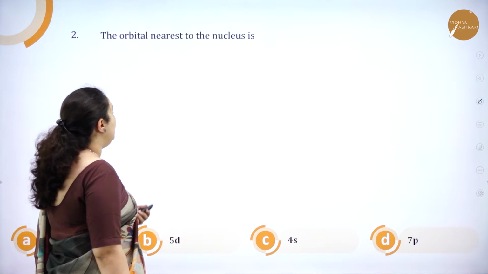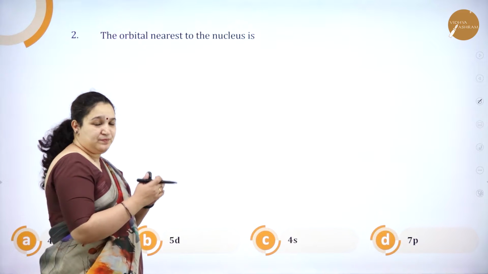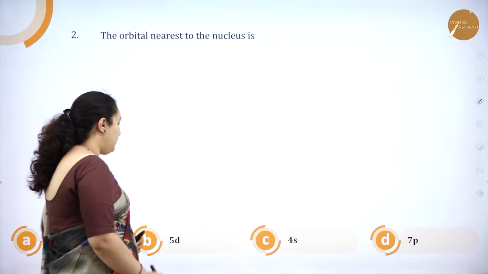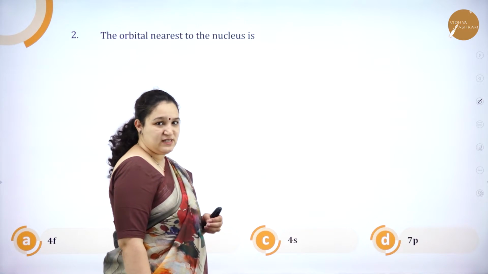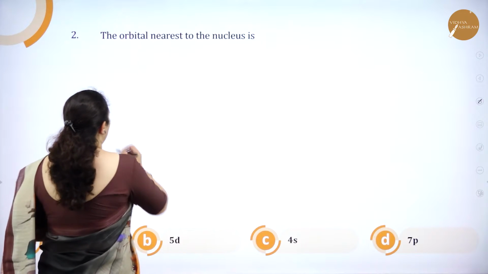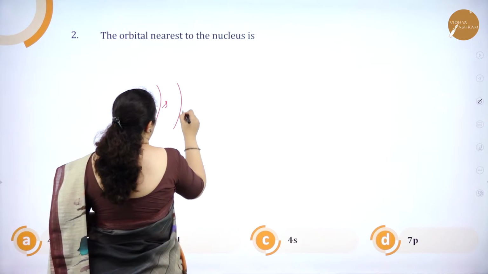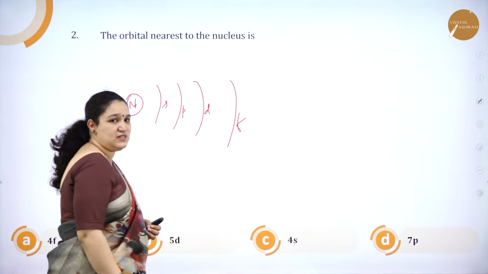The orbital nearest to the nucleus. The lower energy levels are very close to the nucleus. Here we have 4F, 5D, 4S and 7P. If we have this as the nucleus, we have S, P, D and F placed.